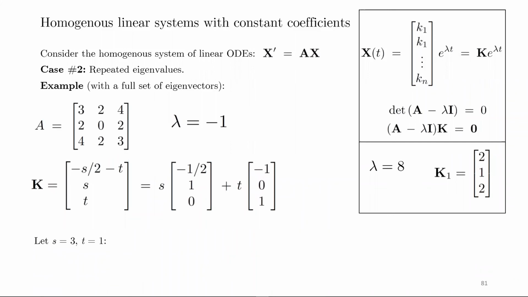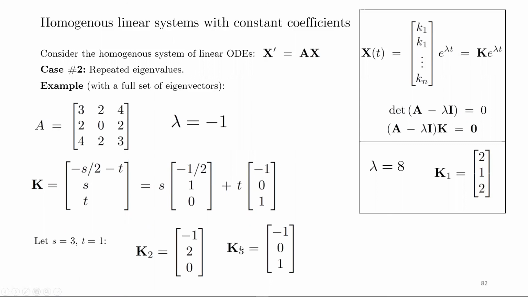So let's let s equal 3 and t equal 1, and then we'll see what we get. Actually, s should be equal to 2. So let's let s equal 2 and t equal 1, and then the first vector is going to be negative 1, 2, 0, and the second vector is just going to be 1, 0, 1.